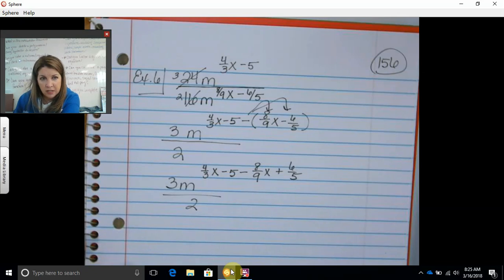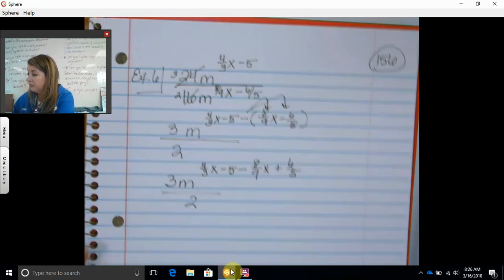Okay, do I have any like terms I can combine in that exponent? 4/3 x and -8/9 x I can combine, right? And then -5 and +6/5. Of course, we have fractions. We're not turning them into decimals. Don't even think about it. We're going to add and subtract fractions.